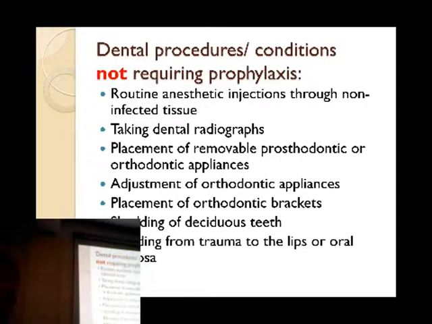Dental procedures or conditions that do not require prophylactic therapy are routine anesthetic injection through non-infected tissue, taking any dental radiographs, placement or removal of any prosthodontic or orthodontic appliances, adjustment of orthodontic appliances, placement of orthodontic brackets, shedding of deciduous teeth, or any gum or lip bleeding conditions.